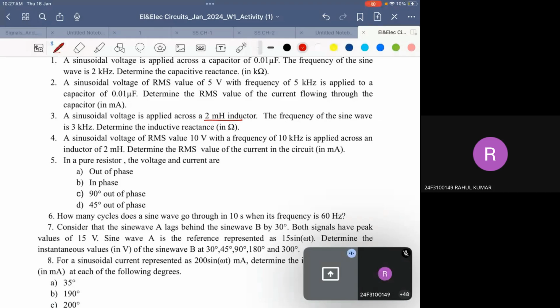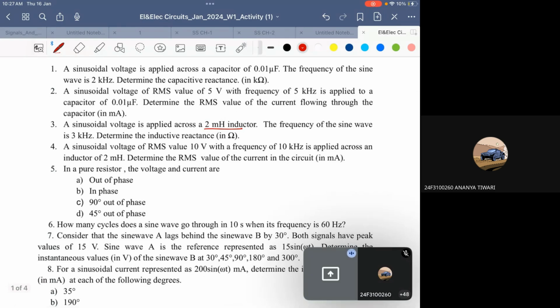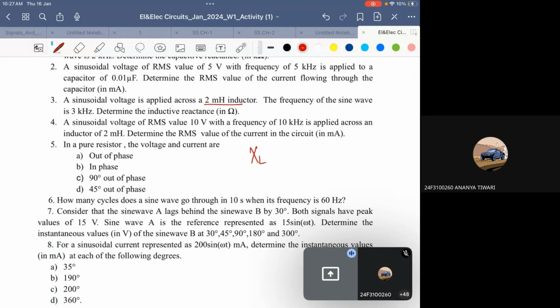So this is also very simple. This is like Excel if you have to calculate it, because it has just asked you to calculate the reactance.